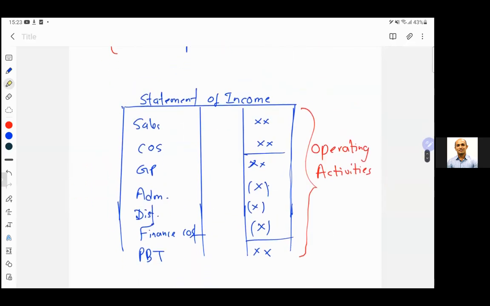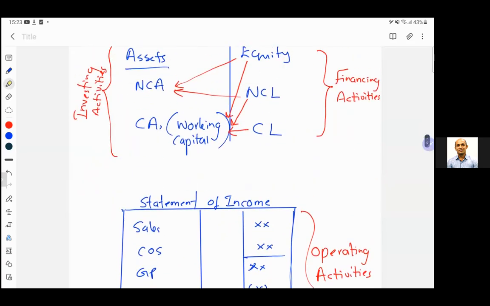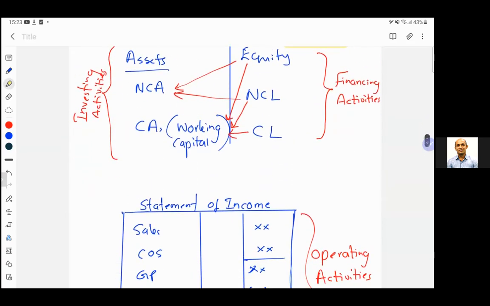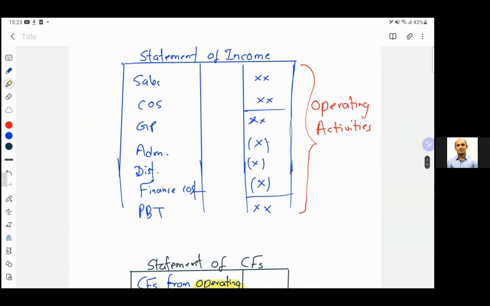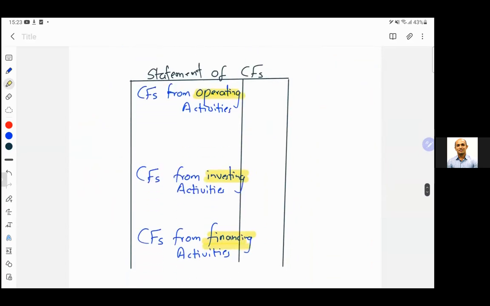Then the results of the company's operating activities are from the statement of income or statement of comprehensive income. Then the cash flow effects of these three types of activities are in the cash flow statement.